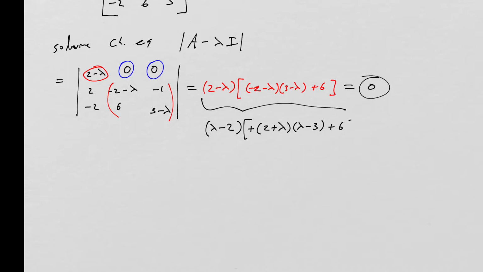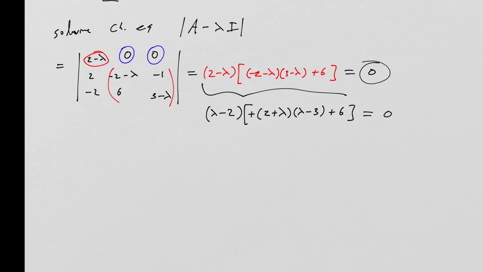And then we have a plus 6. So that is our characteristic equation so far, and that's equal to 0. Now we just have to multiply it all in. We have lambda plus 2 times lambda minus 2 times lambda minus 3 plus 6 times lambda minus 2, all equal to 0. It's going to take a little bit to multiply all this out.